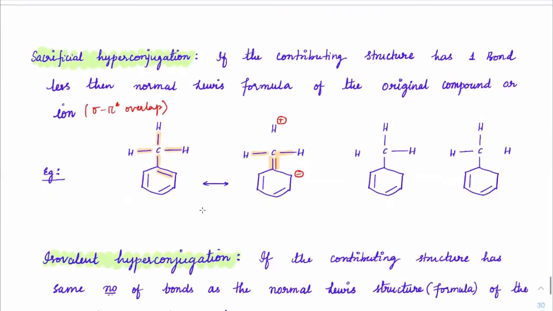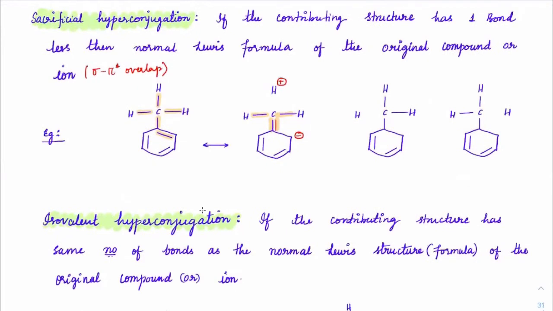Everyone, check this. In sacrificial hyperconjugation, we see that one of the bonds will be less than the normal Lewis structure. Here we are seeing 1, 2, 3, 4, 5, where the change would happen. Here we are seeing that only 1, 2, 3, 4 is present. The same thing would happen in the next hyperconjugated structure also.